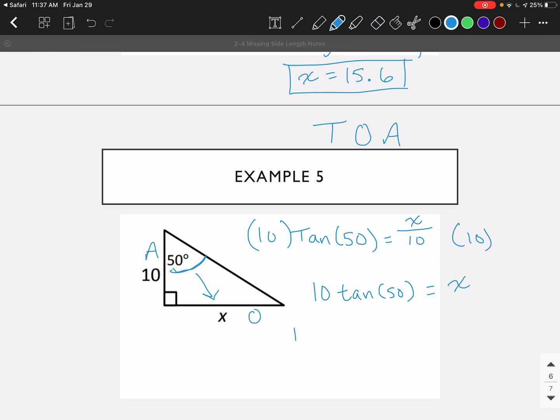In my calculator, we'll type in 10 times, hit the trig button, look for tangent, and put 50 in the parentheses. So 10 trig tan 50, and we end up with 11.9 once we round.